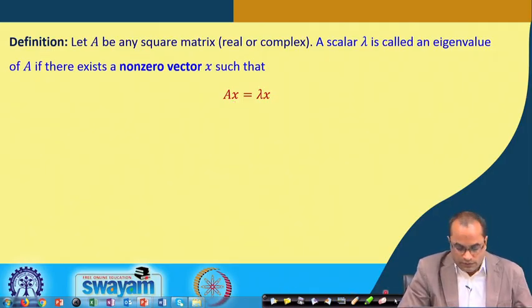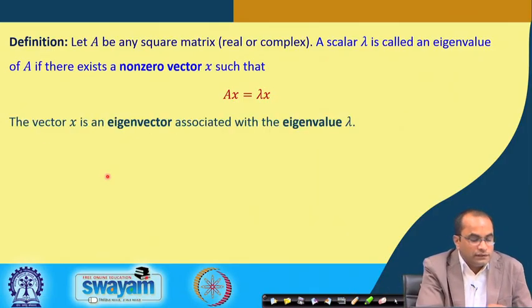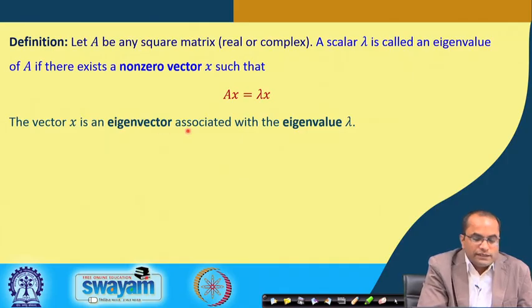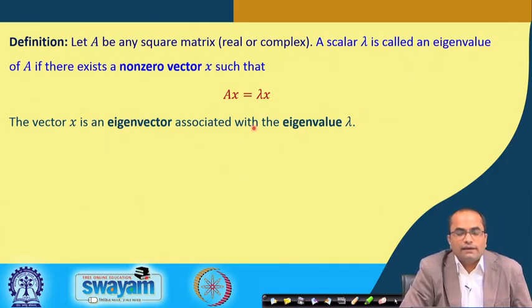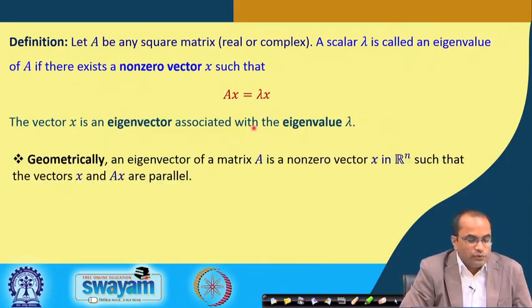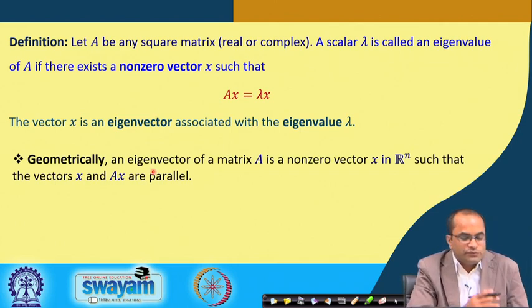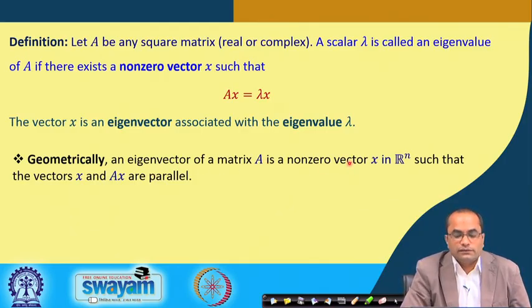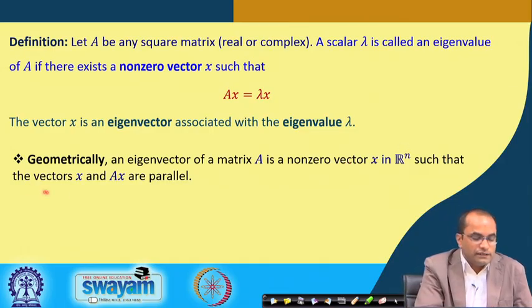Now, the vector x is the eigenvector associated with this eigenvalue lambda, and there are two important points, geometrically, which we have already seen with the help of the earlier example: an eigenvector of a matrix A is a non-zero vector x in R n such that the vectors x and A x are parallel.